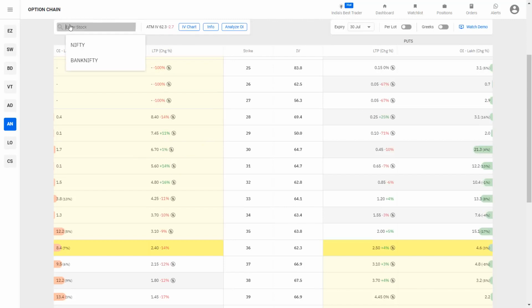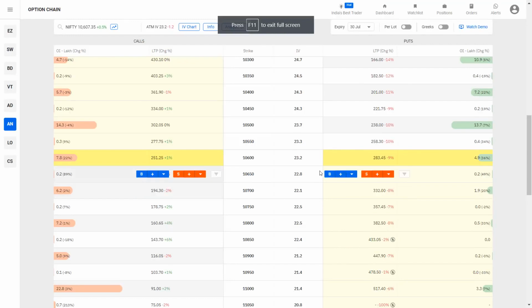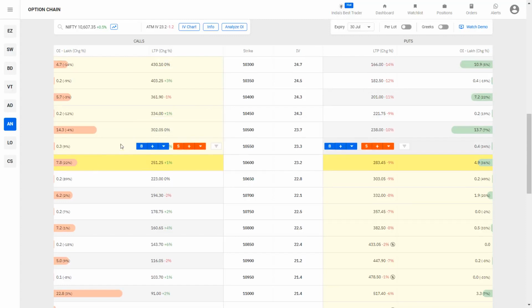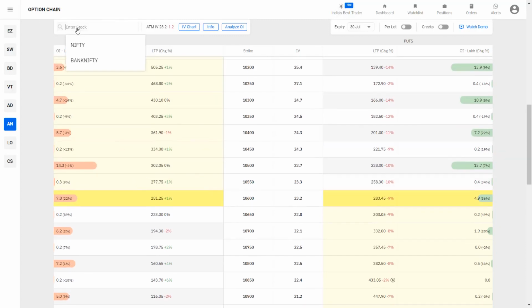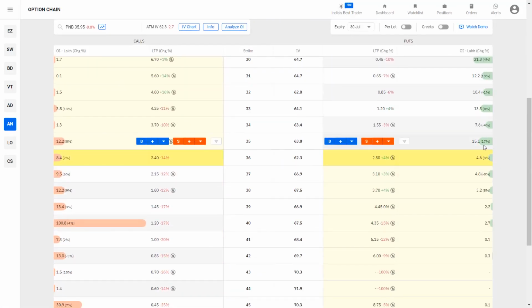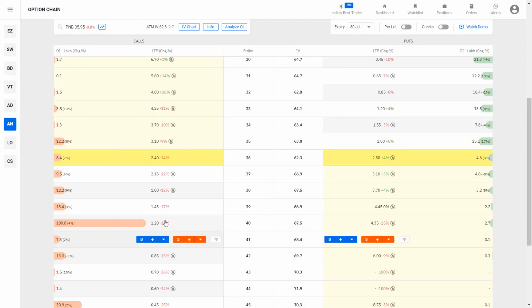So if you look at Nifty, for example, it is worth around 10,500 and then there are some 20 lakh or 15 lakh contracts at each strike. Whereas a low value stock such as PNB, which is only worth 35 rupees, even if it gives you 15 lakh contracts, the notional value is very less and I probably wouldn't take this OI very seriously.